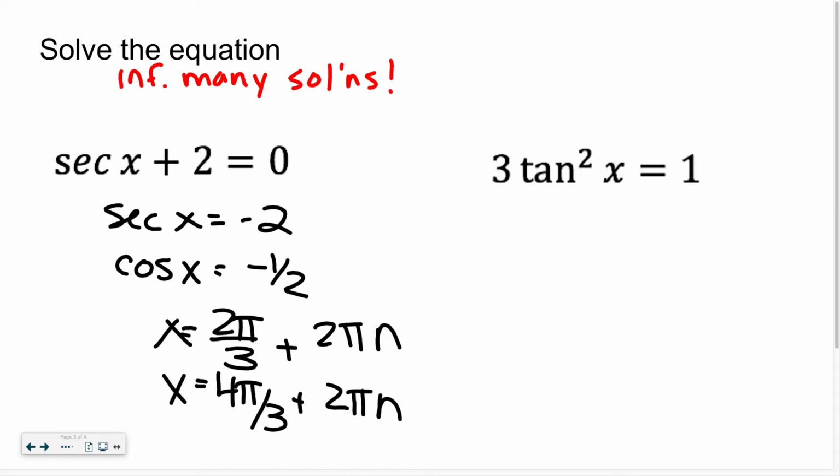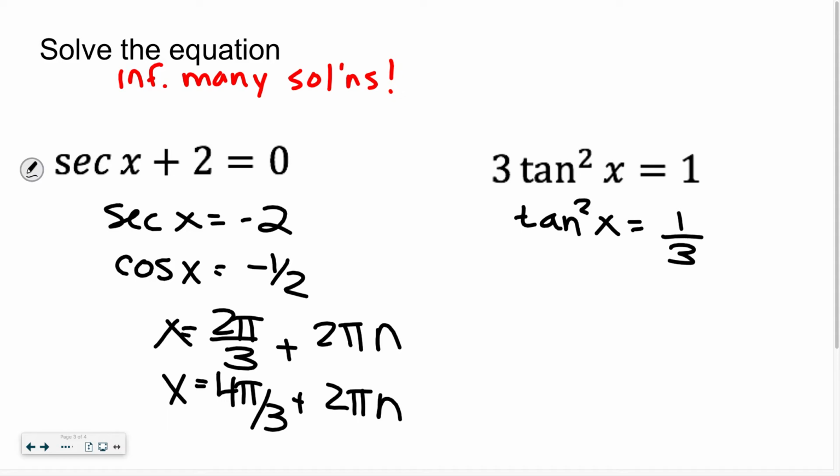Okay. Ooh, now I put in a tangent and a square. So what are you guys going to do first? Divide by 3, because we got to isolate the trig function. So we're going to move the number to the other side. So we have tangent squared x equals 1/3.